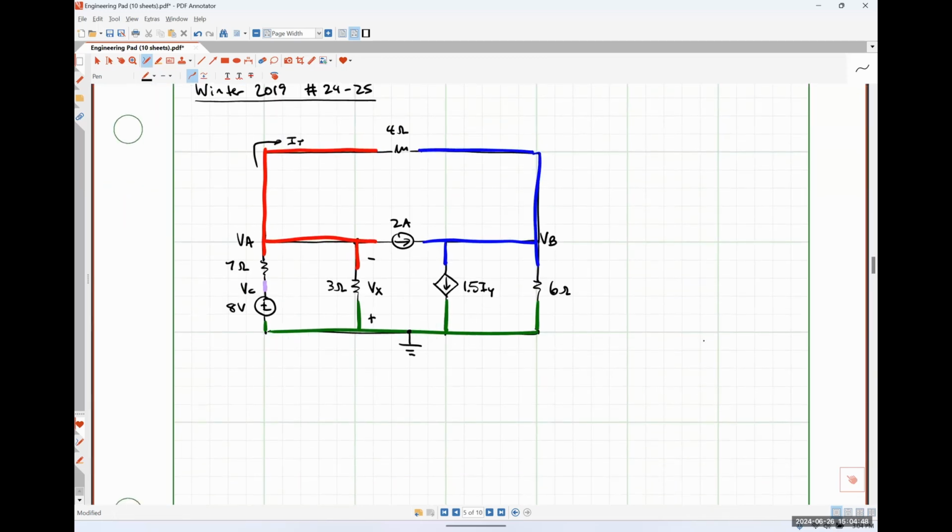So I've got 2 different controlling variables. Let's start with Vx. Vx is going to be 0 minus VA, so that's just negative VA. Iy is going to be VA minus VB over 4 ohms.